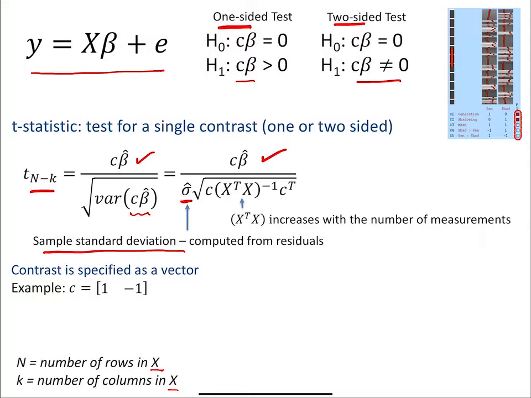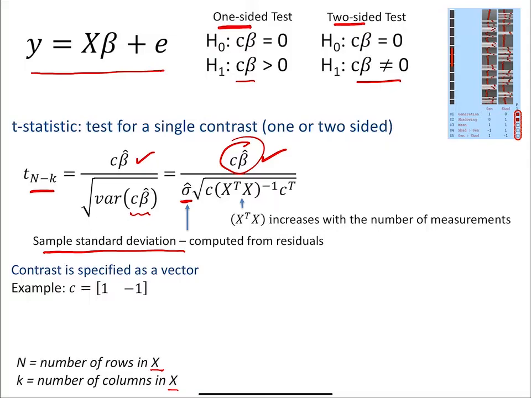So that tells you how noisy things are. If that sigma hat is really large, that means you have really big residuals, and so probably you didn't have a very good model fit. But just knowing sigma hat alone doesn't tell you much, because you have to compare it versus the size of your contrast. If C beta hat is large compared to sigma hat, then in general your t statistic is going to be pretty good.